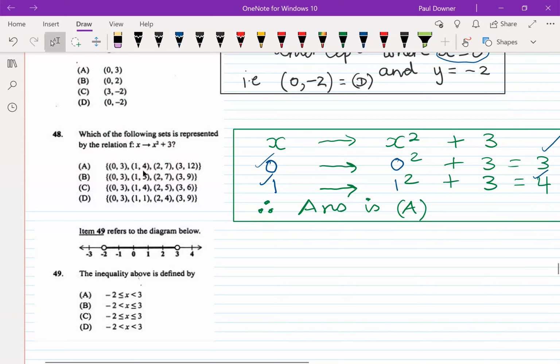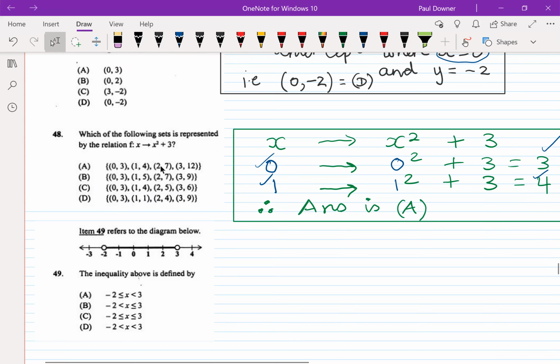And they are saying that this point is represented by this relation, and that is in fact so. If you try that with the other options, you will see that even though it works out for this, it wouldn't work out for all of them. It only worked out for all of them here.